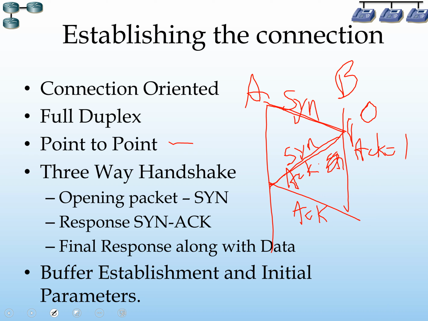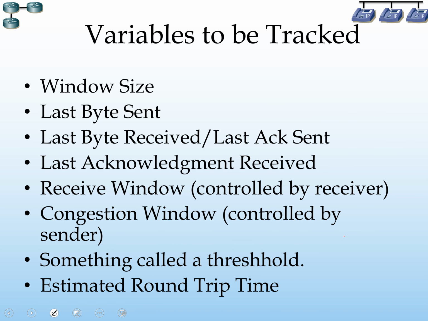And if B sends no data, only header information, then the ACK that A sends will be 1, and A and B will be on the same page in terms of their synchronization of their byte counters. This establishes their buffer sizes, their initial byte stream parameters.